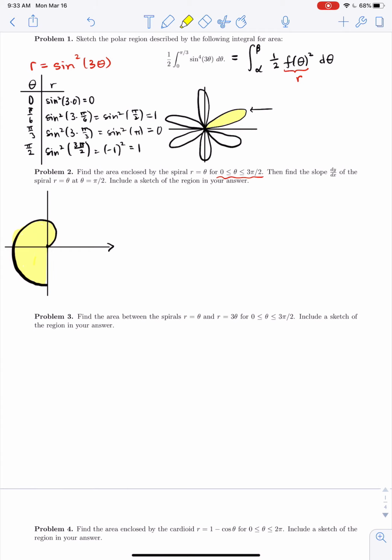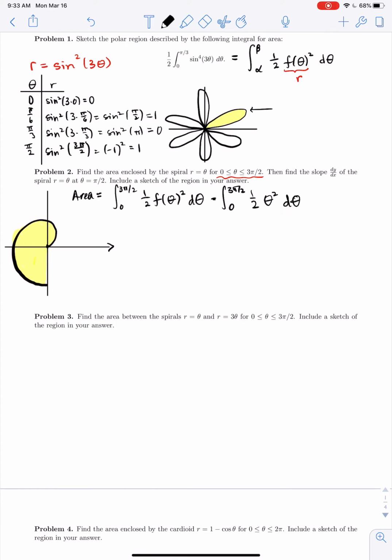Okay, so if we set this up, we know that the area is the integral between our two values for theta, so 0 to 3 pi over 2, 1/2 whatever our function of theta is, quantity squared, d theta. So we're integrating from 0 to 3 pi over 2 of 1/2 theta squared, because f of theta and r are the same, so we're just looking at the function that is theta, d theta.